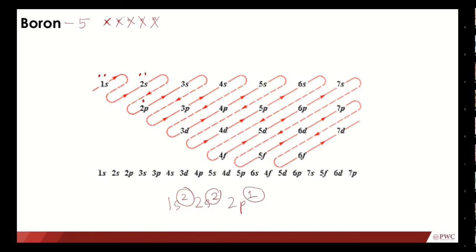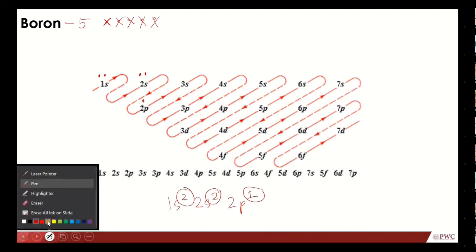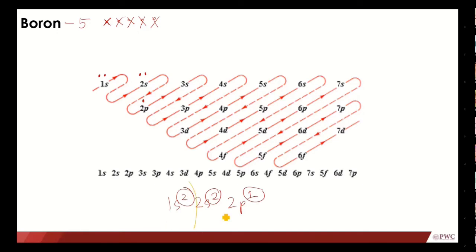Let's go to our boron. So these boron electrons occupy the first energy level and the second energy level. Again, which of these is the outermost energy level? The first or the second? It's the second, right?